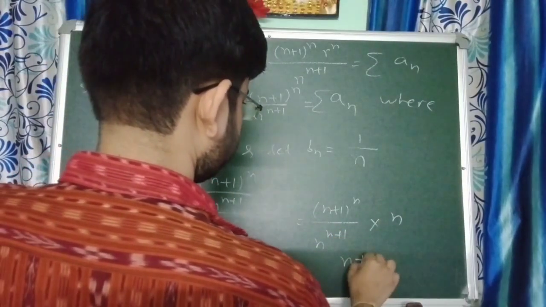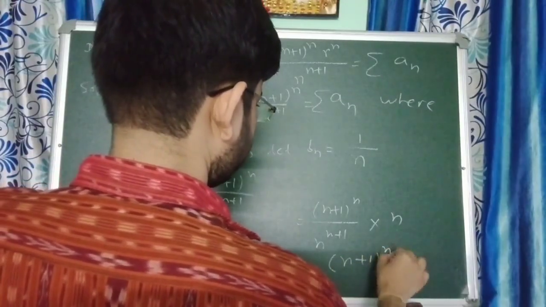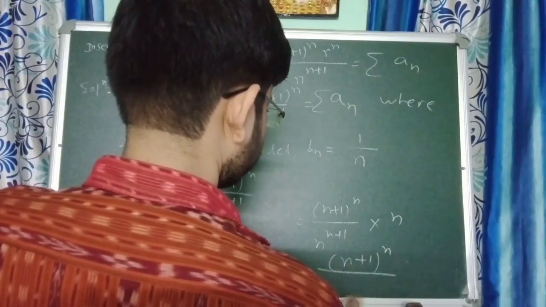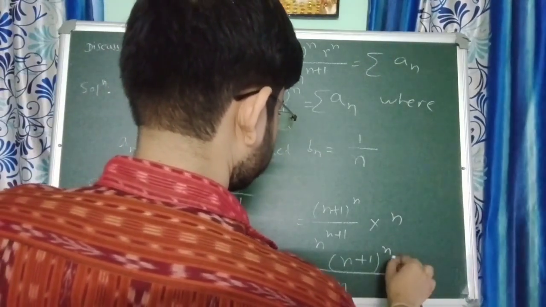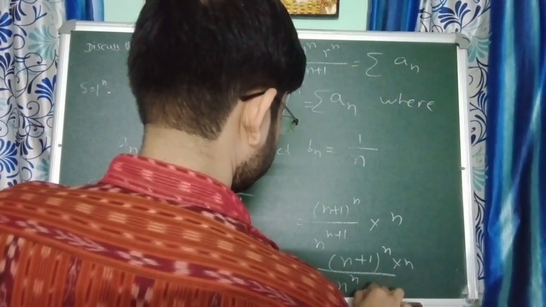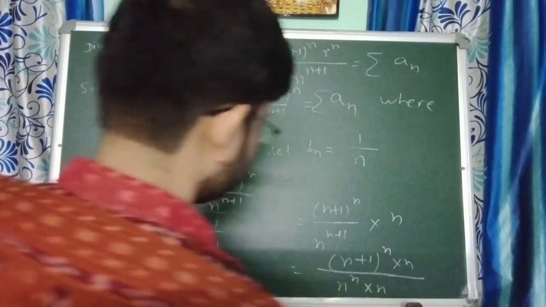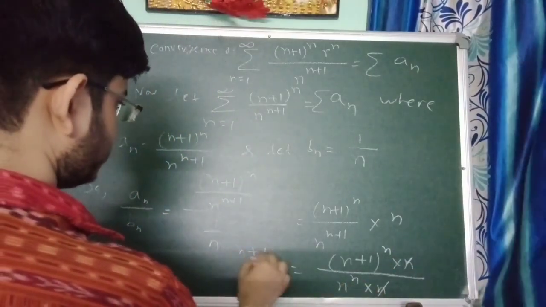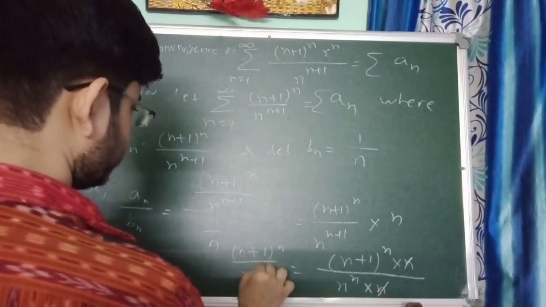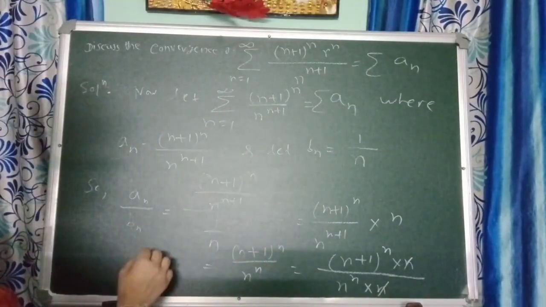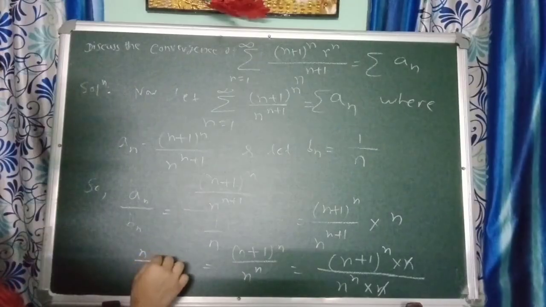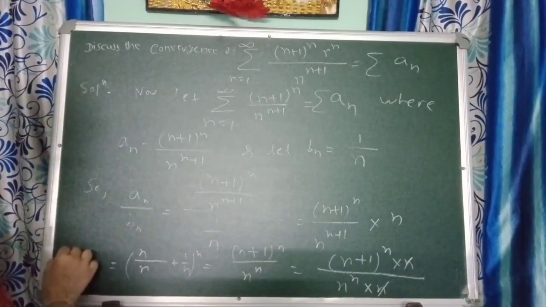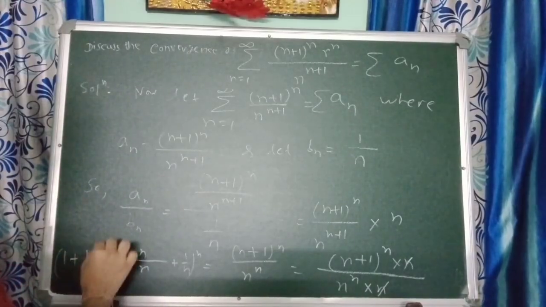By law of indices, cancelling n, this becomes (n plus 1) to the power n divided by n to the power n, which can be written as ((n plus 1) by n) to the power n. So finally we have (1 plus 1 by n) to the power n.